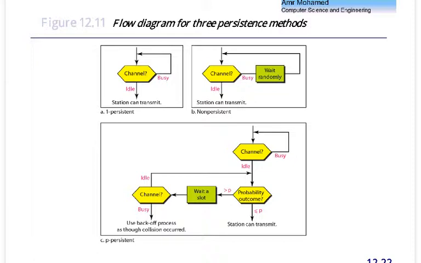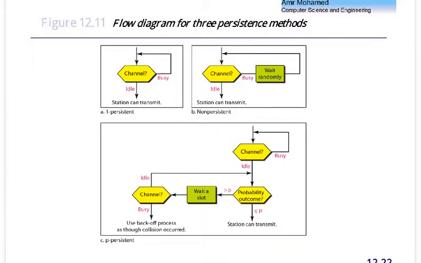In the non-persistent, the node always waits for a certain time before it senses the channel again. If it finds that the channel is busy, then it waits some time and keeps looping until the channel is idle. So there is a chance that the channel was idle and you did not figure that out until the wait time is finished, which means that you may lose the opportunity of accessing that channel.